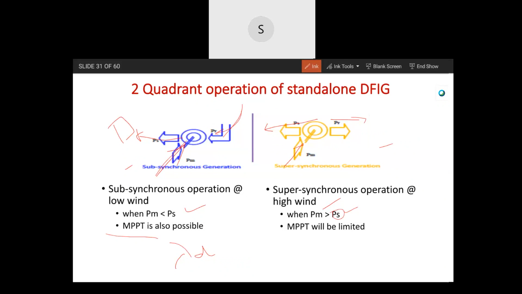If the mechanical turbine power PM is more than that, then from the rotor also, power equal to slip times stator power will be delivered, which can be stored in the battery. Or on the DC network, there may be some demand which is unmet, and you can give it to that. Here also MPPT can be practiced, but not over the full range.